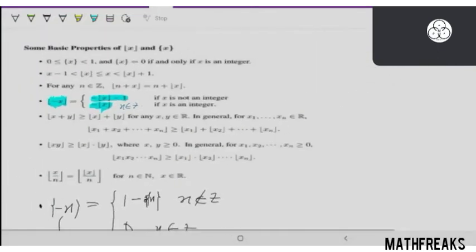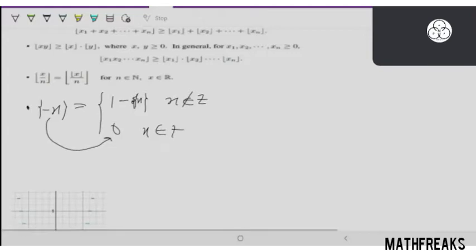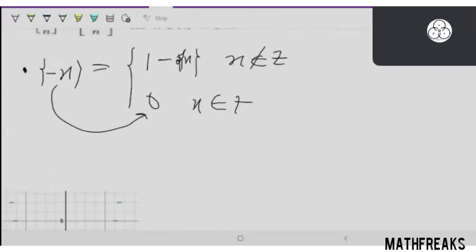Now box x has some other obvious properties that they have missed. Let me write.